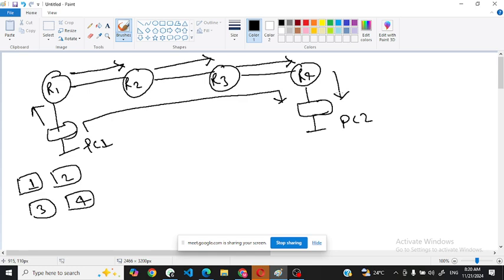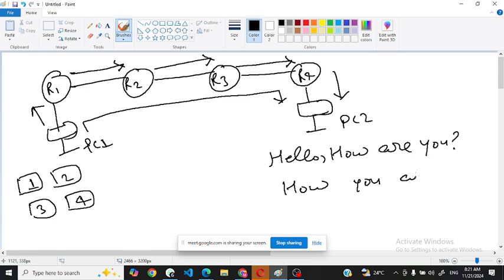Have you ever seen, when you have written down a message and you are sending it to someone from WhatsApp, "Hello, how are you?", that it is delivered in a proper manner, "Hello, how are you?"